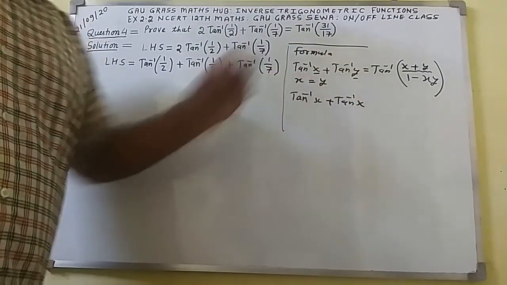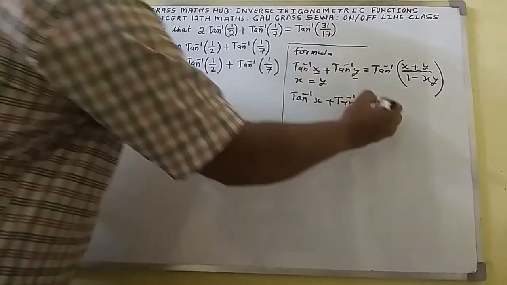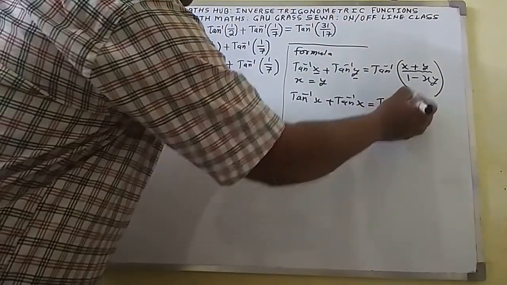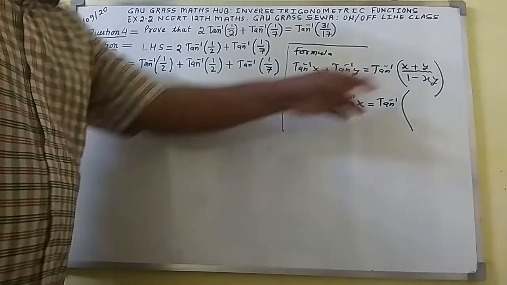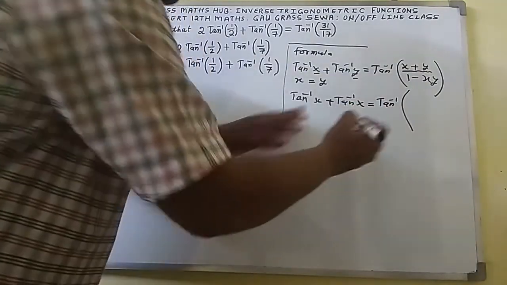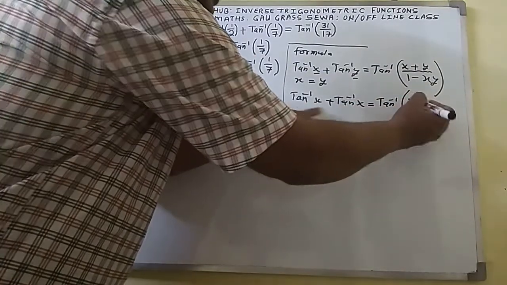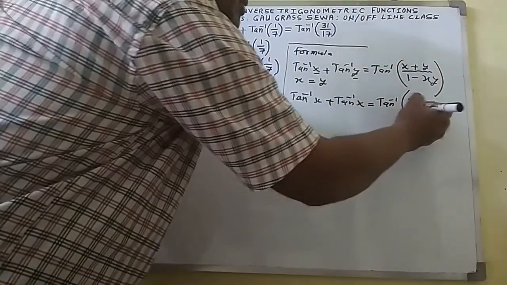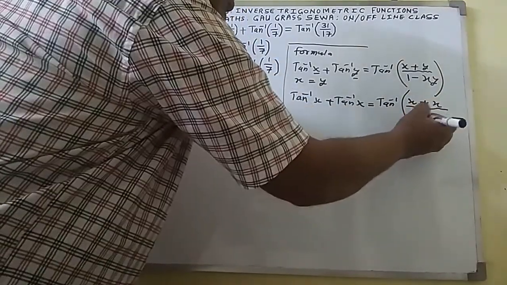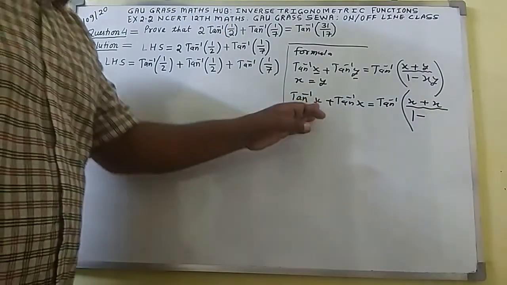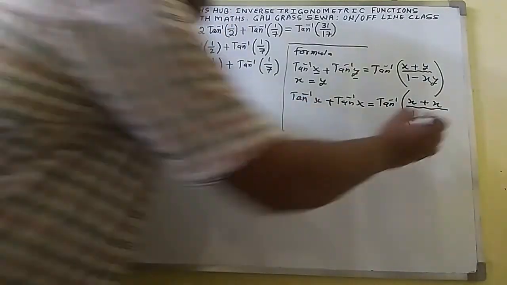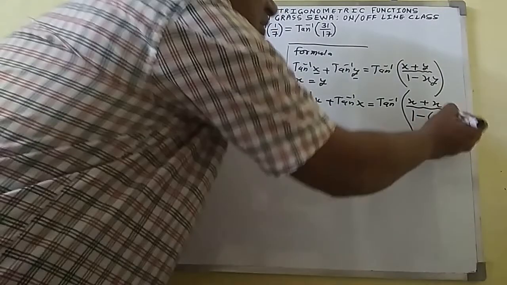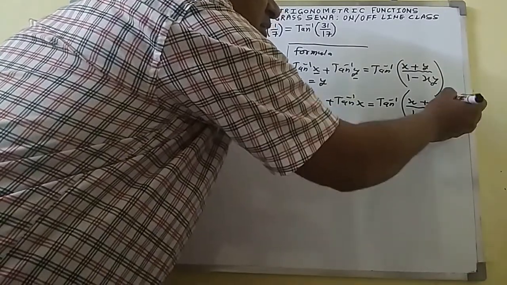So it will become tan inverse of (x plus x) whole over 1 minus x times x.